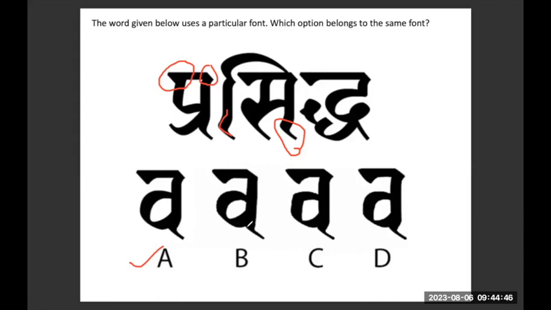A is the only one where that thing is happening. With B, it's too long. With C, again, it does that curve, no problem. But the issue that happens is on this part with C, the front part. And also with D, the front part is a little bit of a problem because there's a slight curve in the front part. And of course, the end is wrong. This ending is wrong with D. So that's why option A will be the correct one.